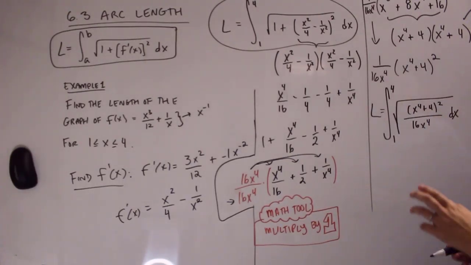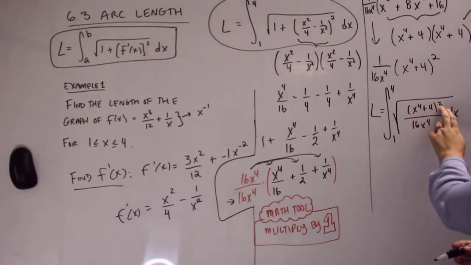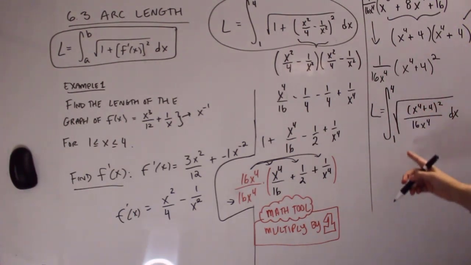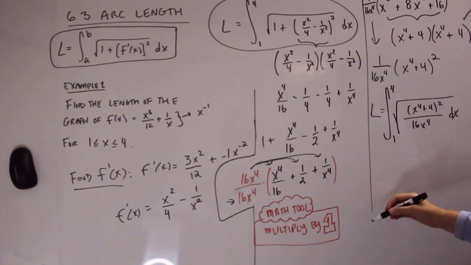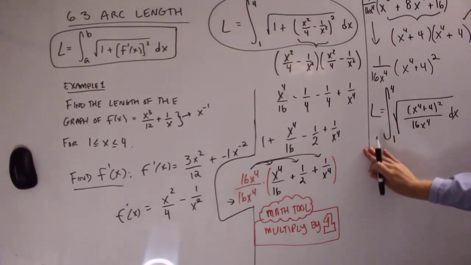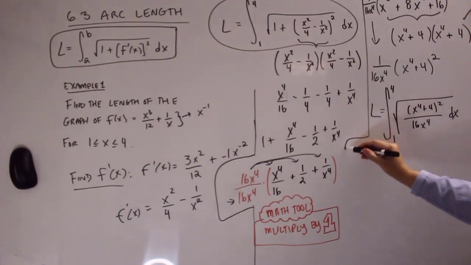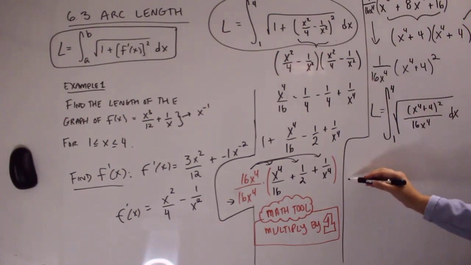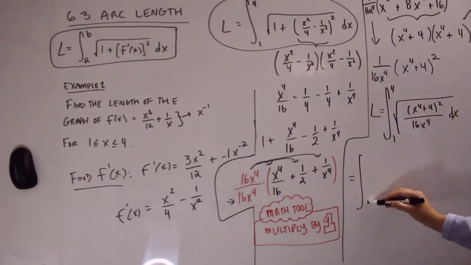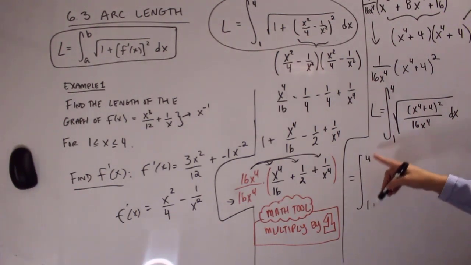Okay. And now because we got this to factor so nicely as a quantity squared, we can go ahead and take this square root, and this becomes so much better than what we were dealing with before as far as integrating goes.